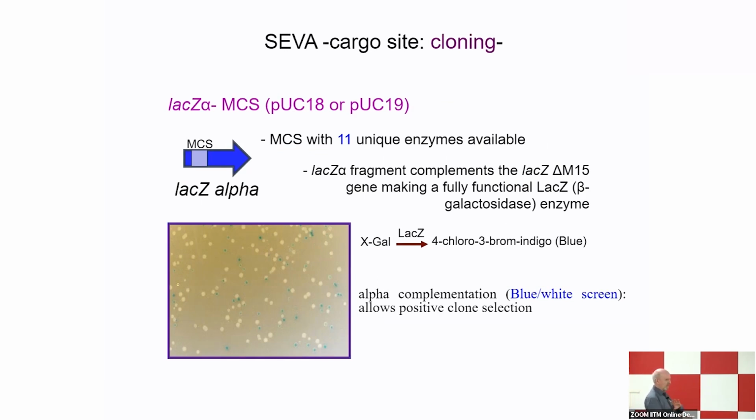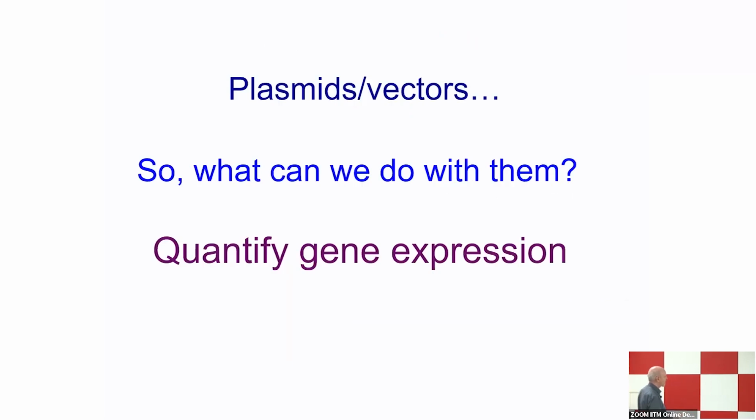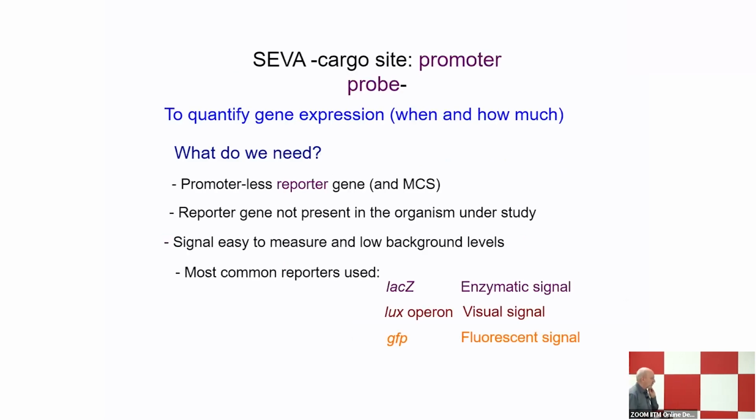I don't know, you are all familiar with them, but this is a method that enables you to discriminate visually those clones that have received an insert from those clones where you have just religated the plasmid.